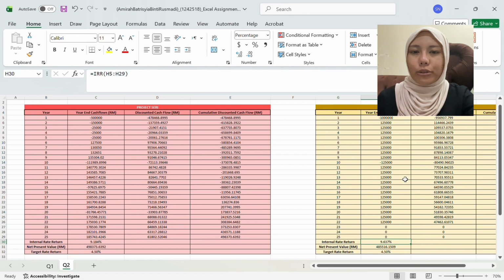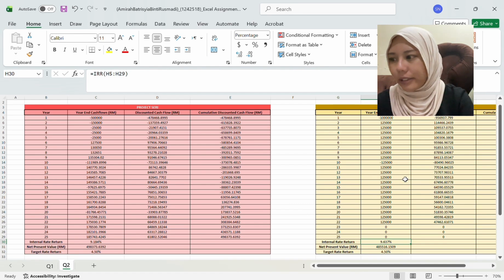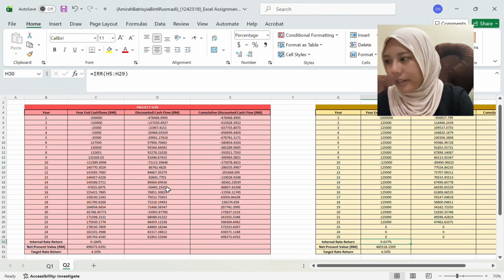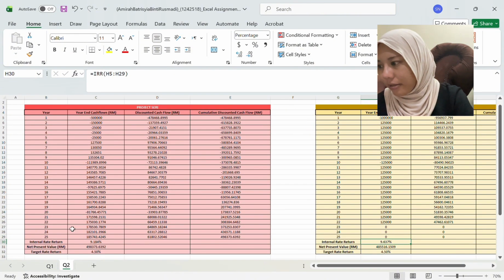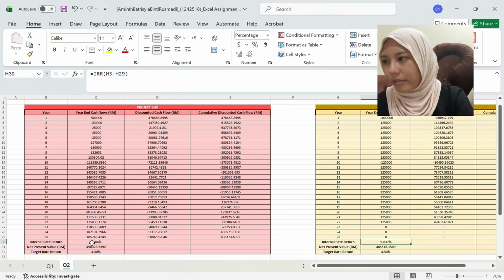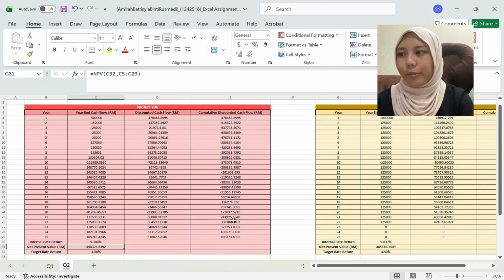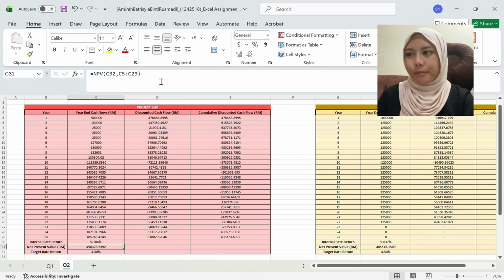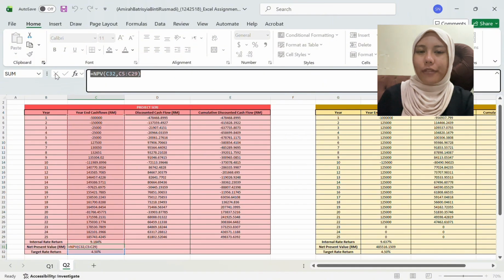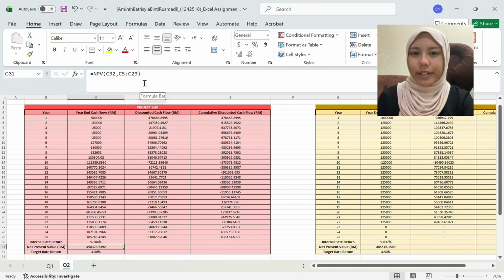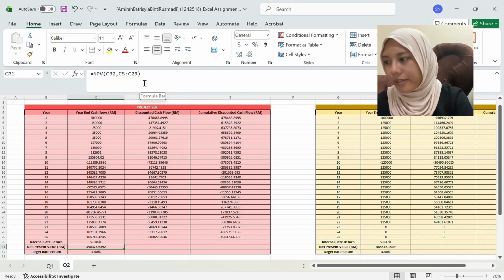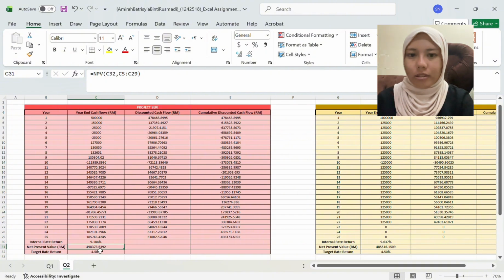In question 2.2, cell C31 here, compute net present value using this formula. The purpose of NPV is to convert future cash flow into today's ringgit value at the 4.5% discount rate in cell C32.